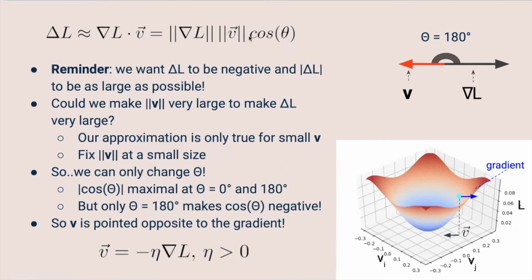So basically, that means that V needs to point in the opposite direction of our gradient, which means that V should be some negative multiple of our gradient. And that's how we capture it down here. And so this gives the mathematical proof that the best direction possible for V is to go in the negative direction of the gradient, or opposite the gradient.